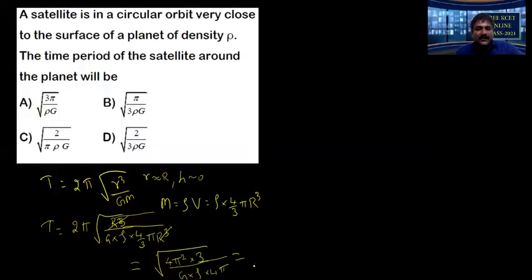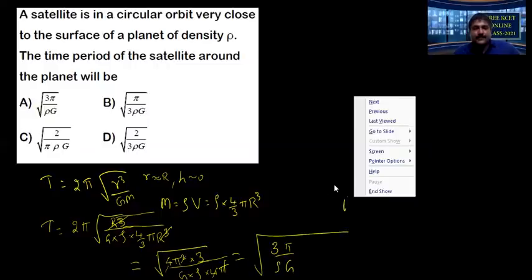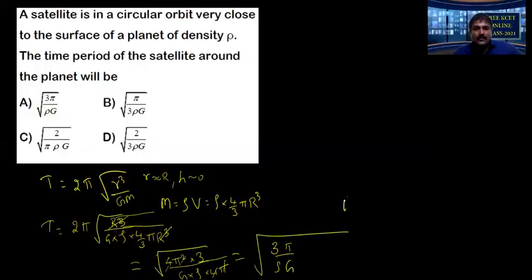Now simplifying, π and one π cancel, so π remains, and 4 and 4 cancel. Then 3π remains in the numerator, divided by G rho. Option A is the right choice. Option A is the right answer for this question. Then I go to the next question.